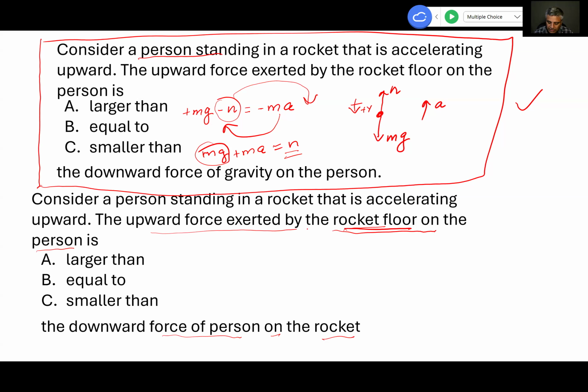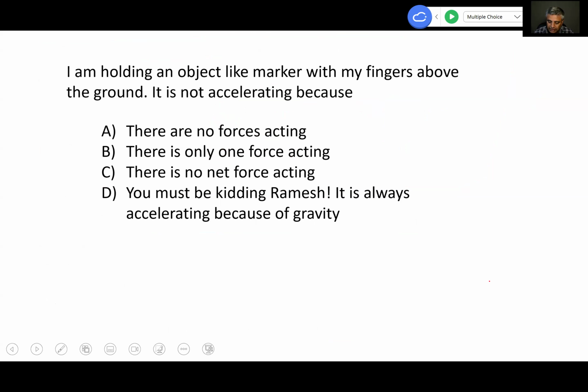The upward force exerted by the rocket floor on the person and the downward force of the person on the rocket. See how these are the interacting forces it's talking about? Okay, so that's that. Now, moving on, here is another question.